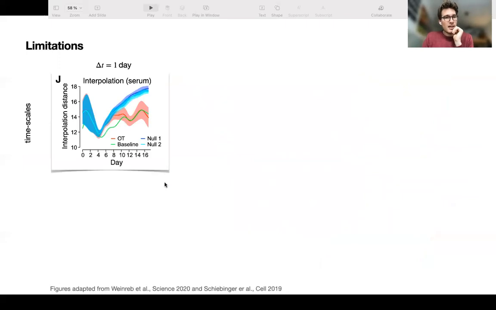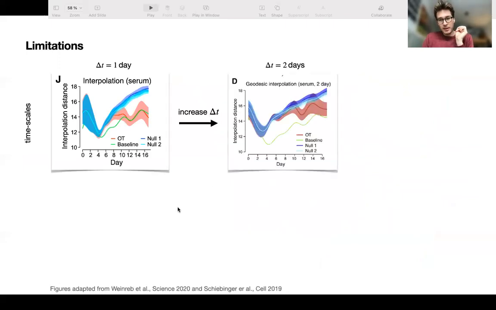However, the limitations are that when you go to larger time gaps, it does not work very well any longer, because when the gene expression distance becomes too large, it becomes really ambiguous which cell from time point T1 you should match to which cell from time point T2.